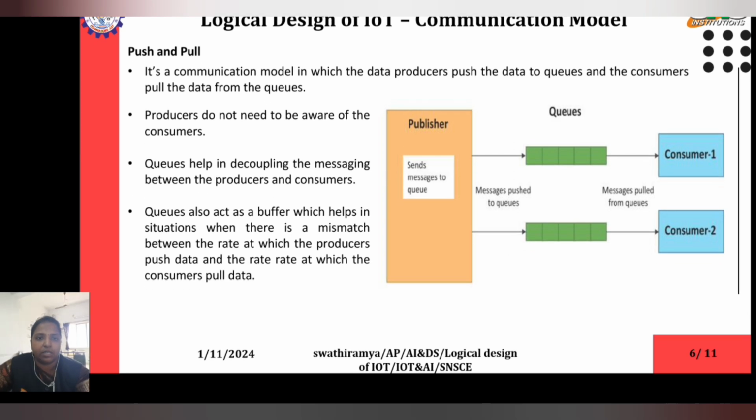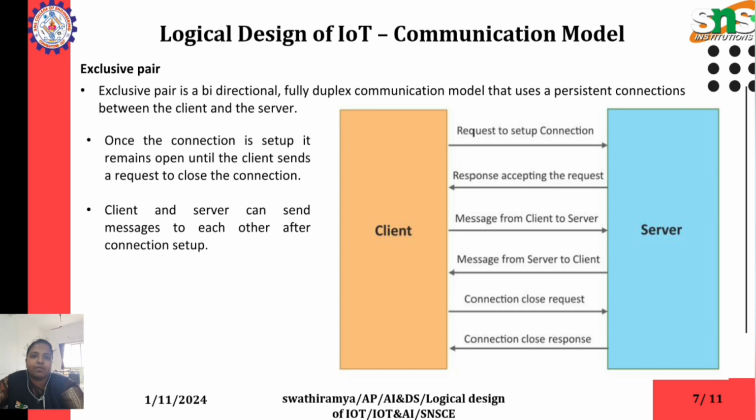The last method will be the exclusive pair method. Here you have a client and server. The client will request to set up the connection. The server has the choice of accepting the request to establish a connection. If it wants, it can accept and allow the client to establish a connection. If it does not want to communicate with the client, the server can surely reject it also.